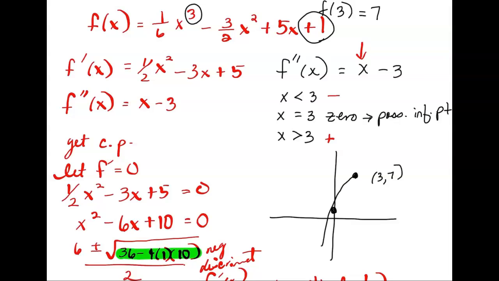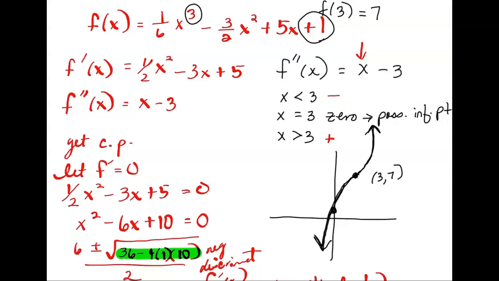So we can find the y-intercept very easily, right? The y-intercept is when x is 0, so we know that that happens at 1. And we know that for x less than 3, we're concave down. And for x greater than 3, we are concave up.